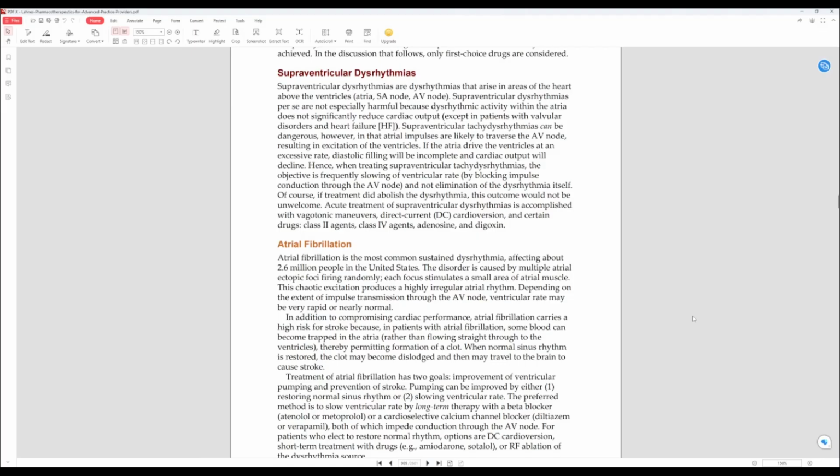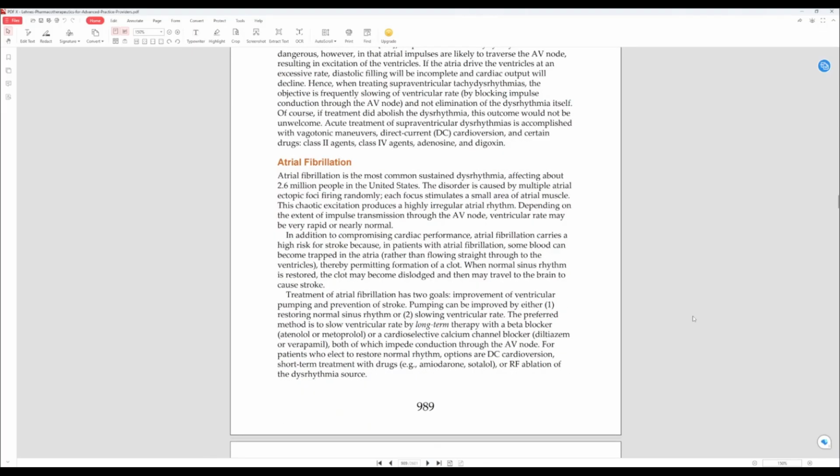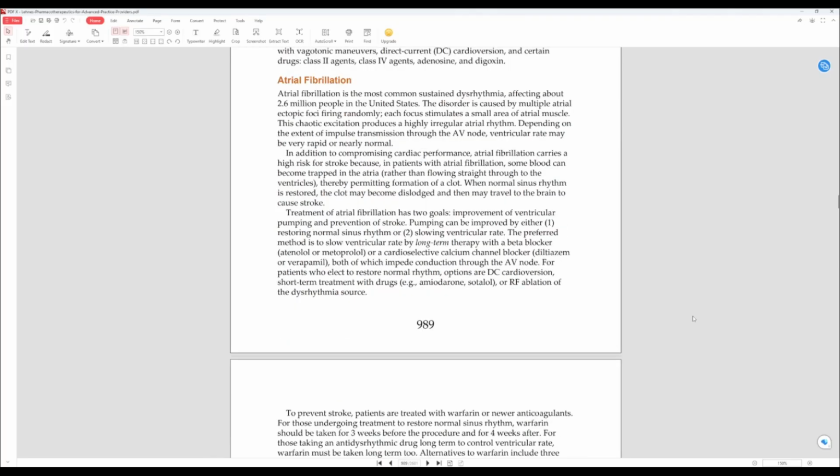Acute treatment of a supraventricular dysrhythmia is accomplished with vagotonic maneuvers, direct current cardioversion, and certain drugs: class 2 agents, class 4 agents, adenosine, and digoxin. Atrial fibrillation is the most common sustained dysrhythmia, affecting about 2.6 million people in the United States.